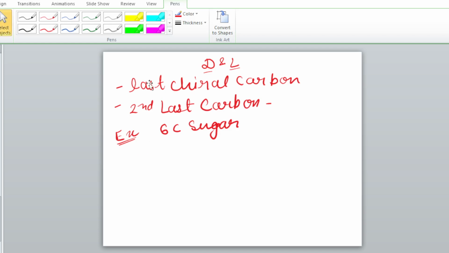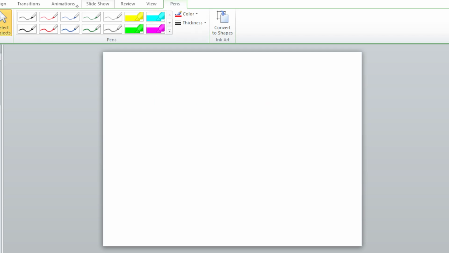So put the 6 carbons in the next slide. 1, 2, 3, 4, 5, and then 6.